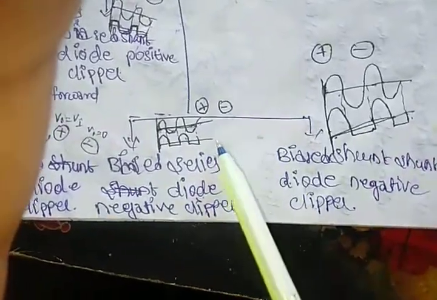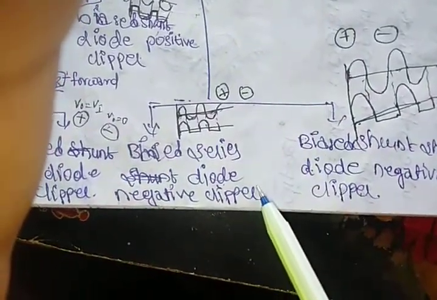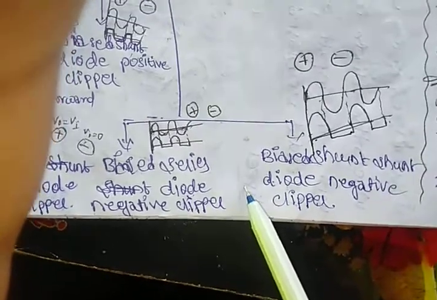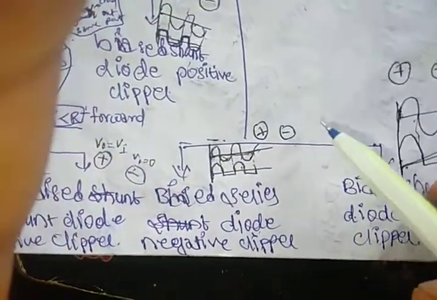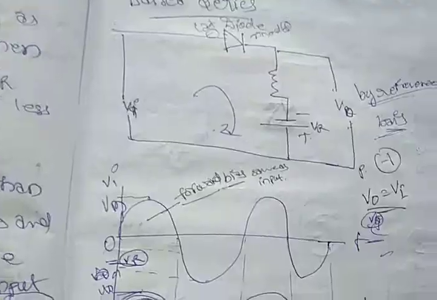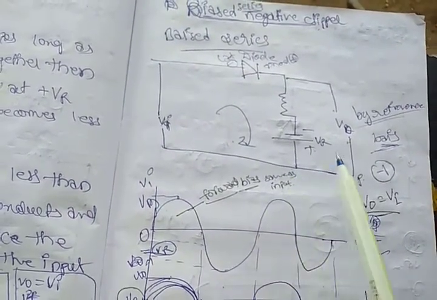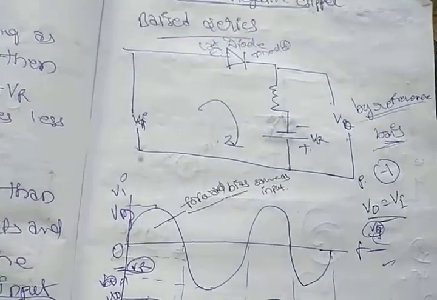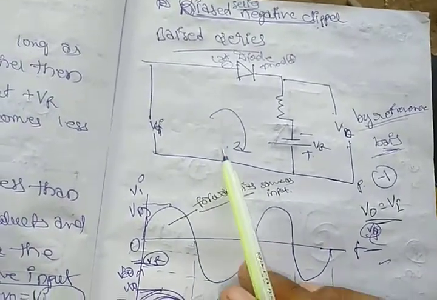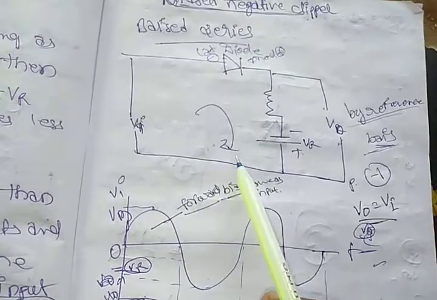Now the biased series diode is the same, but here we have to see the diagram once. So the biased negative clipper is within series, and this is the diagram for it.